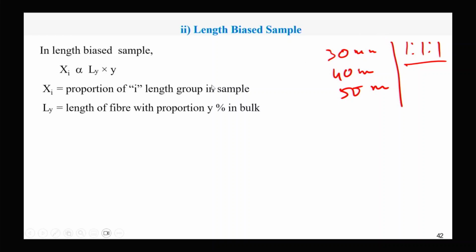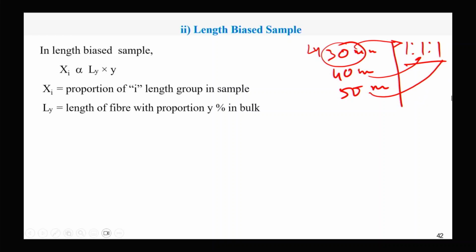So Ly is the fiber of length L with Y% in gram in bulk. So that means 30 millimeter is the Ly and 1, one proportion.